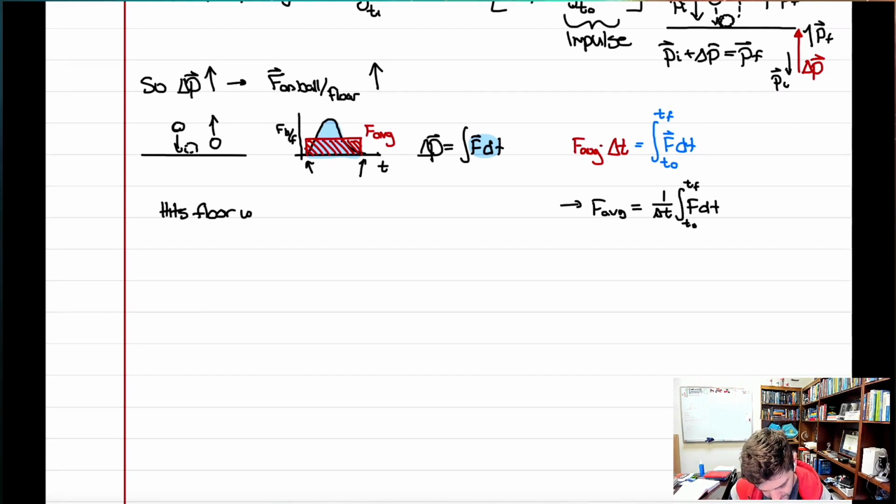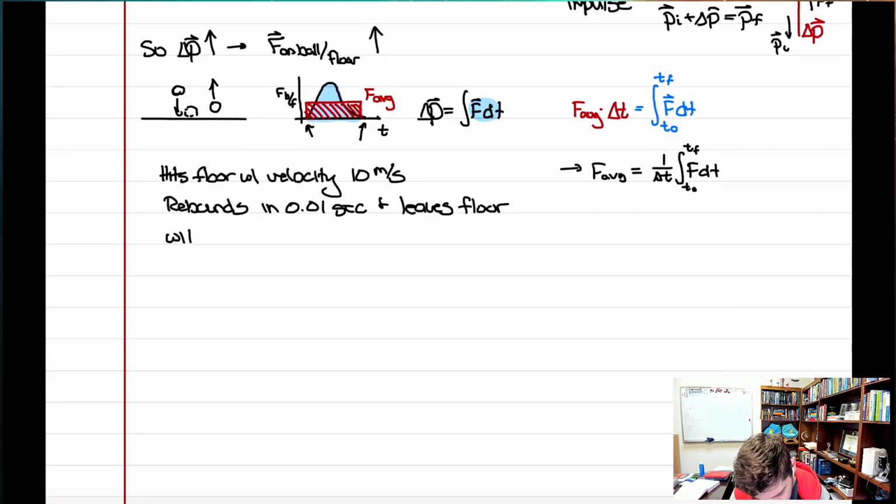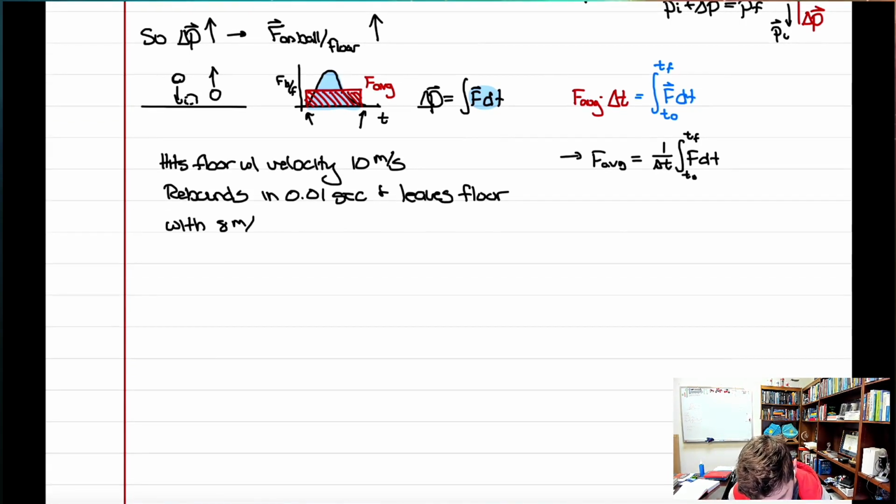We could take, for example, suppose it hits the floor with a velocity of, I don't know, what did I use? About 10 meters per second. And then it rebounds in 1/100th of a second and leaves the floor with, say, a velocity of 8 meters per second.